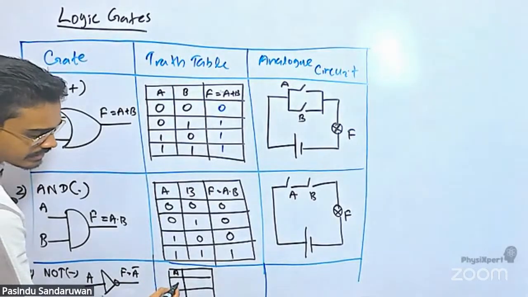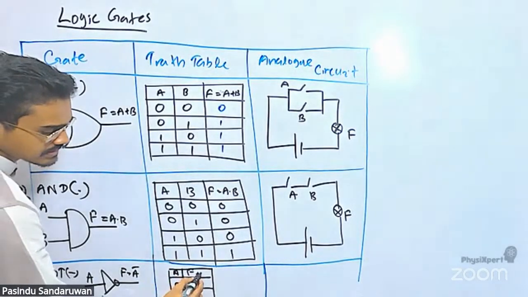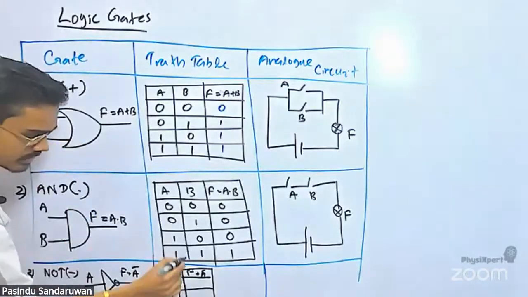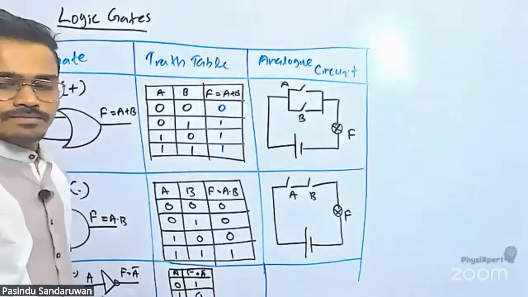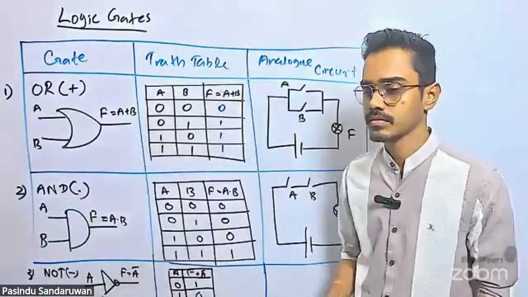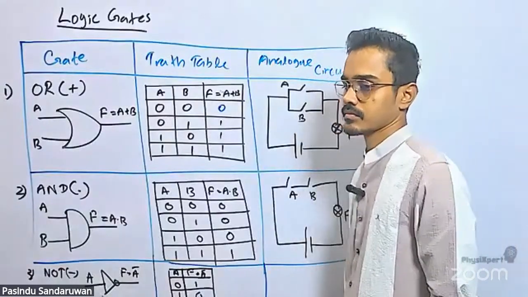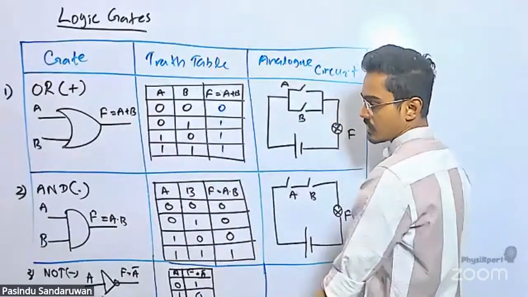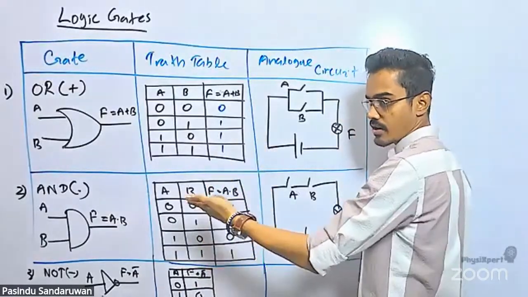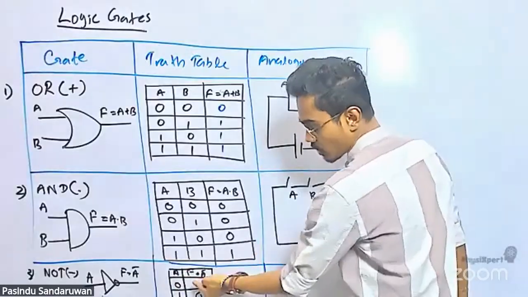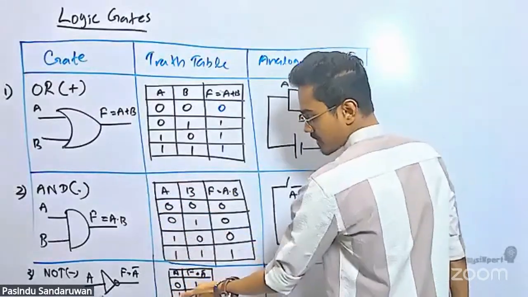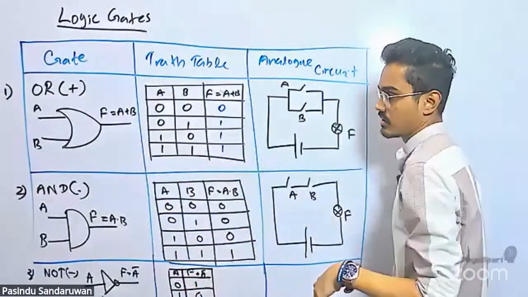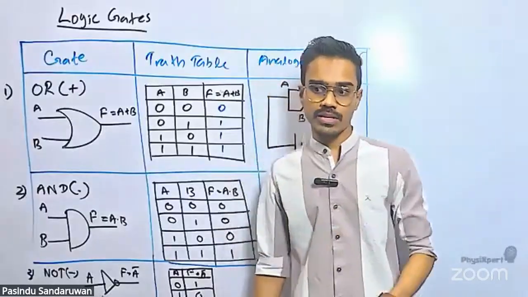A is either 0 or 1, and F is A bar. 1 and 0. The logical idea here is when A is not 1, output is 1. When A is not 1, output is 1.